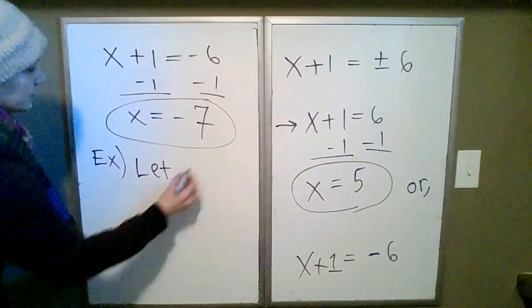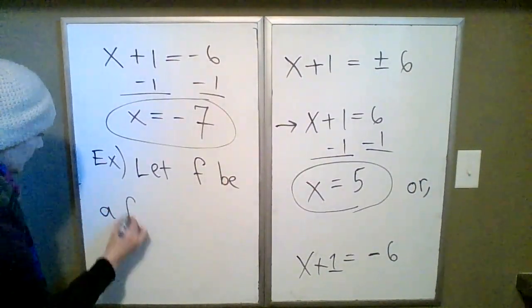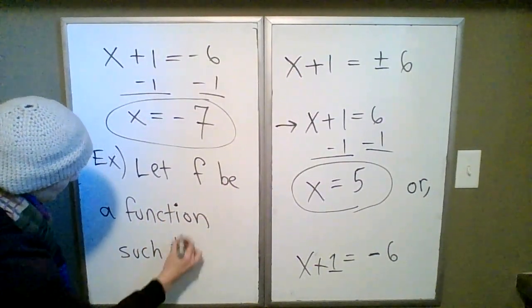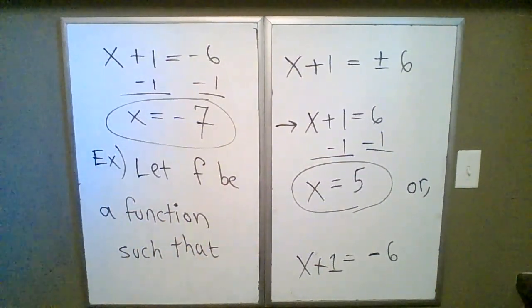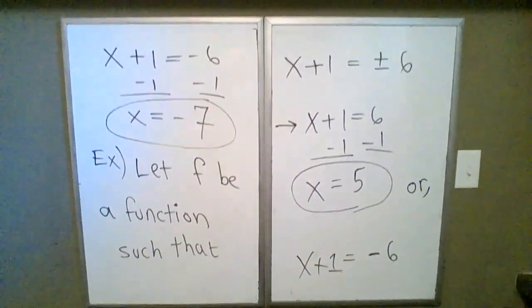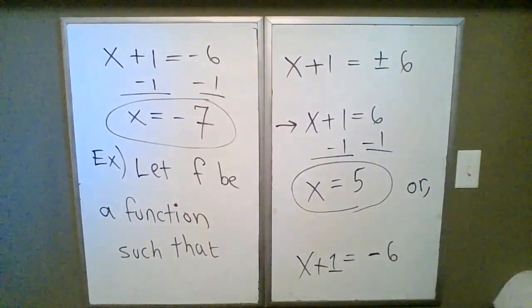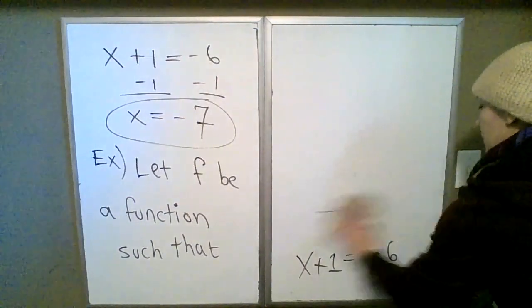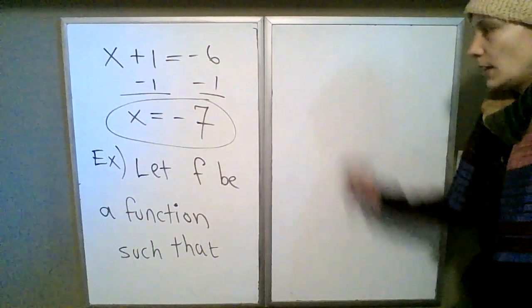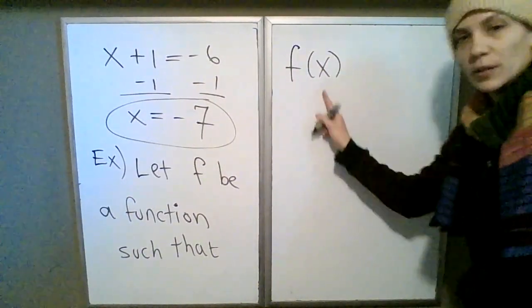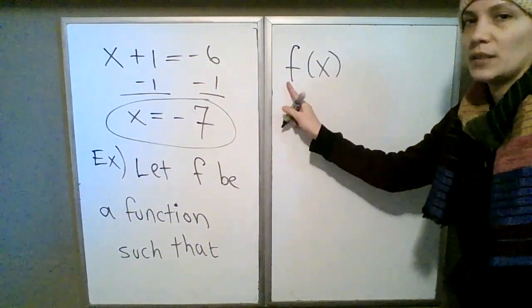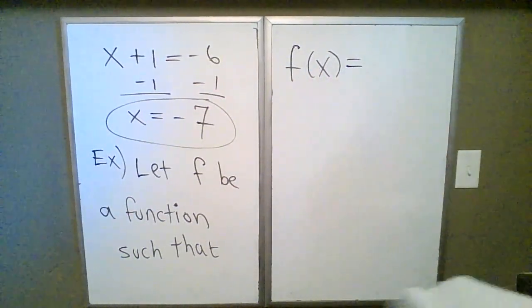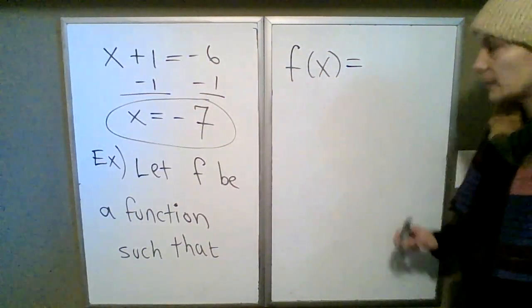Let f be a function such that f of x, so you input x and will output the whole thing f of x, which is x squared plus 6x plus 1.